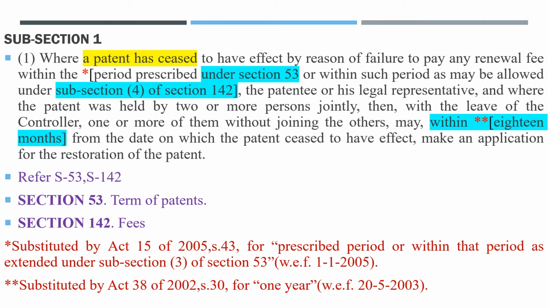Subsection 1 says, where a patent has ceased to have effect by reason of failure to pay any renewal fee within the period prescribed under Section 53 or within such period as may be allowed under subsection 4 of Section 142, the patentee or his legal representative, and where the patent was held by two or more persons jointly, then with the leave of the controller, one or more of them, without joining the others, may, within 18 months from the date on which the patent ceased to have effect, make an application for the restoration of the patent.